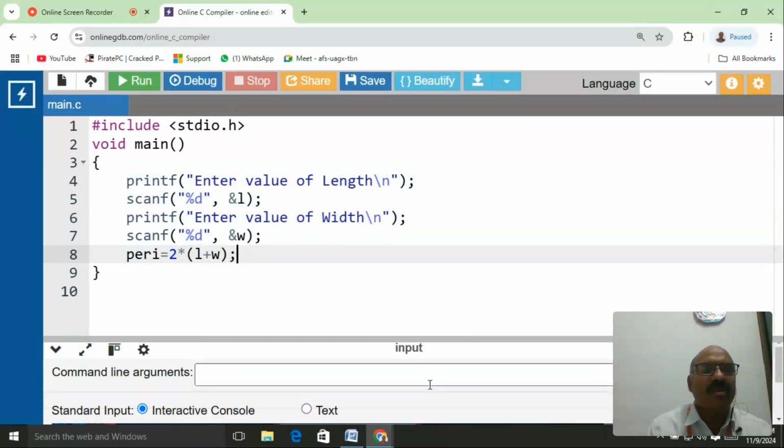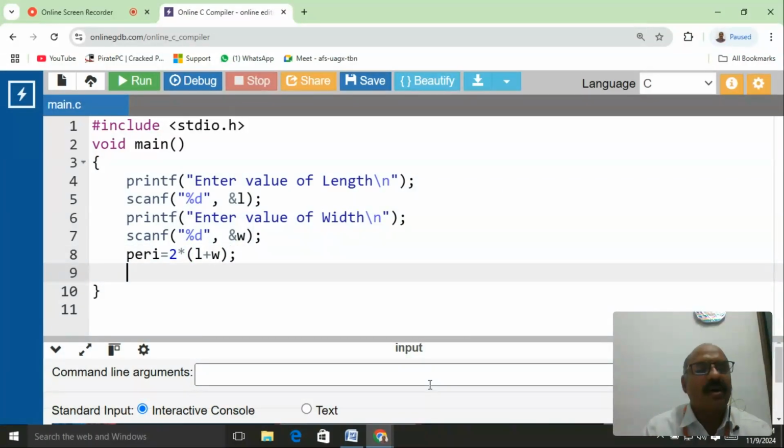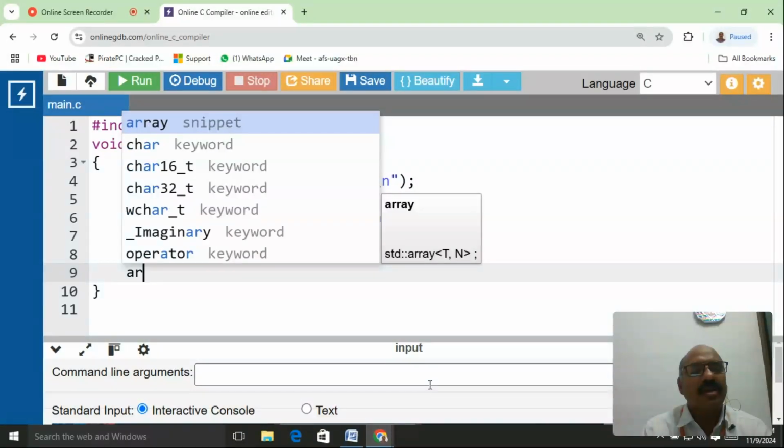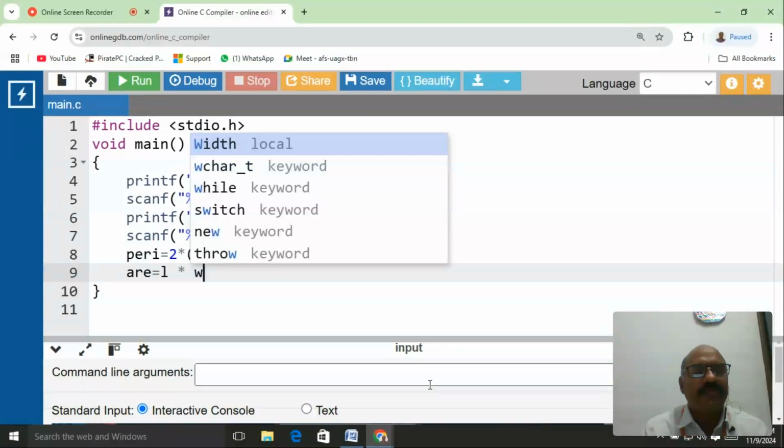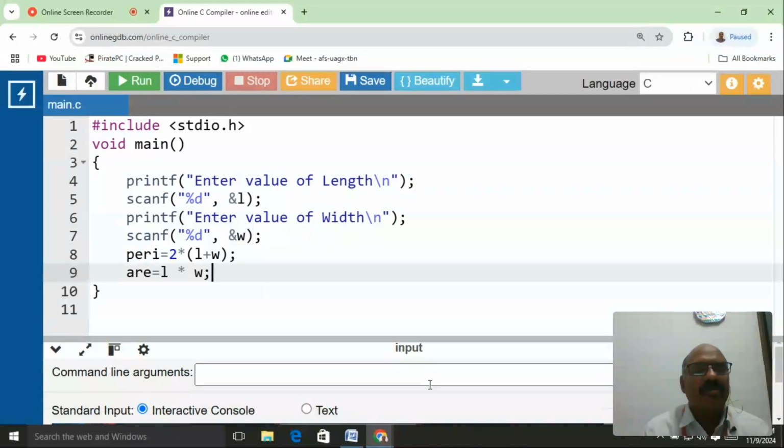So this is over. Another one is the area, ARE. I am going to consider ARE as a variable that equals L into W. So this processing is over.